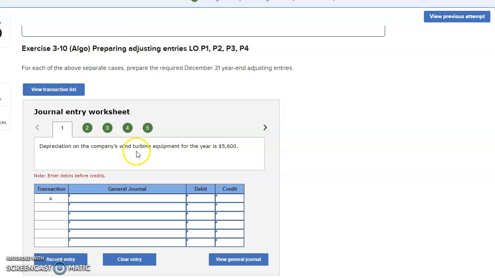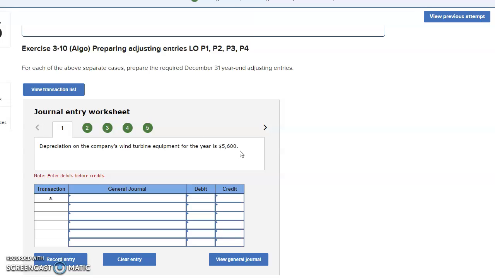Depreciation on the company's wind turbine equipment for the year is $5,600. So this exercise is asking us for an adjusting entry on depreciation. Depreciation is a contra account, and as we have learned, it is an allocation of the assets.